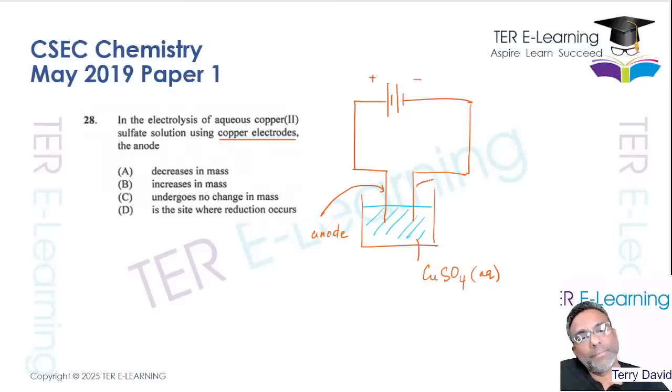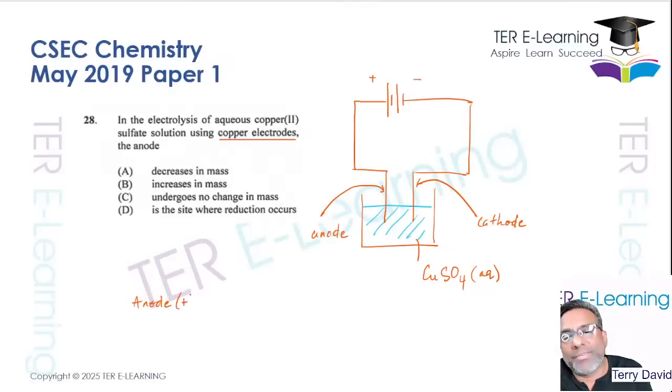This here is your cathode, that's your negative electrode. Now we need to predict what's going to happen. Let's start with the anode. The anode is the positive electrode and the cathode is the negative electrode.